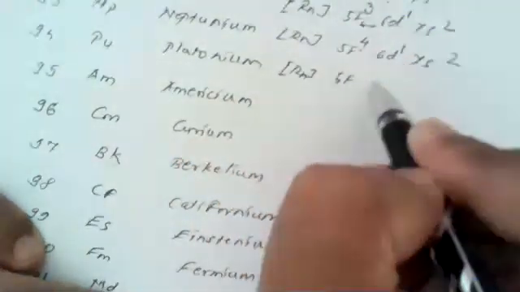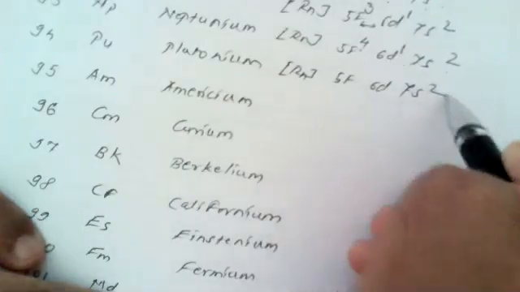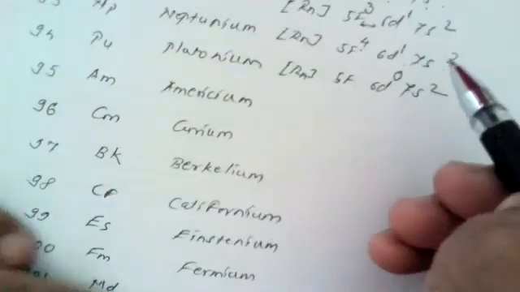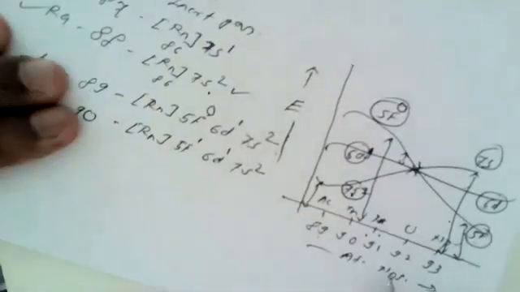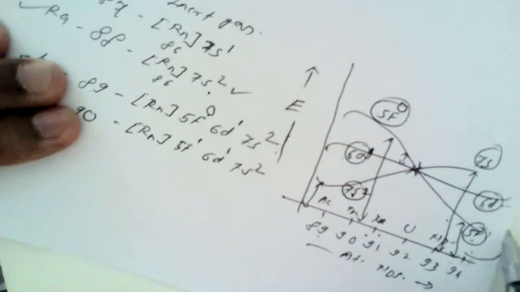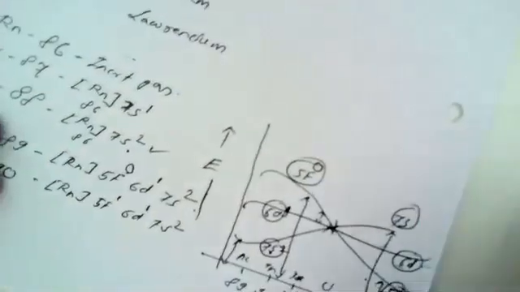So the electronic configuration for plutonium, we can write as 5f 6d 7s. No question about 7s2. Again 6d0. Why 6d0? See here, for atomic number 94, the 5f orbital has low energy compared to 6d, and hence whatever electrons are there enter into this 5f orbital.